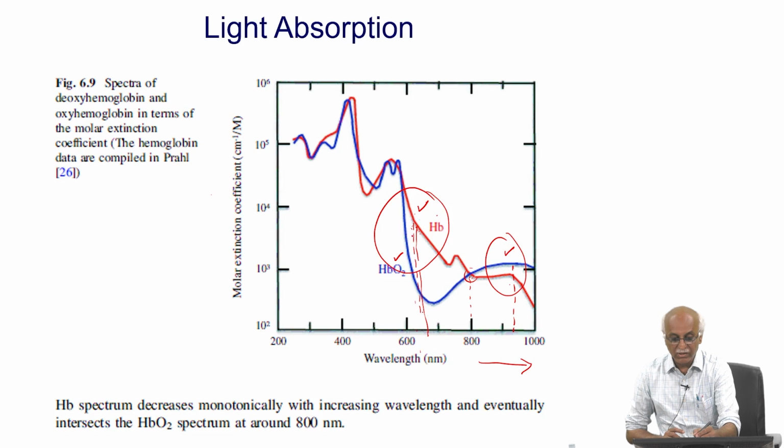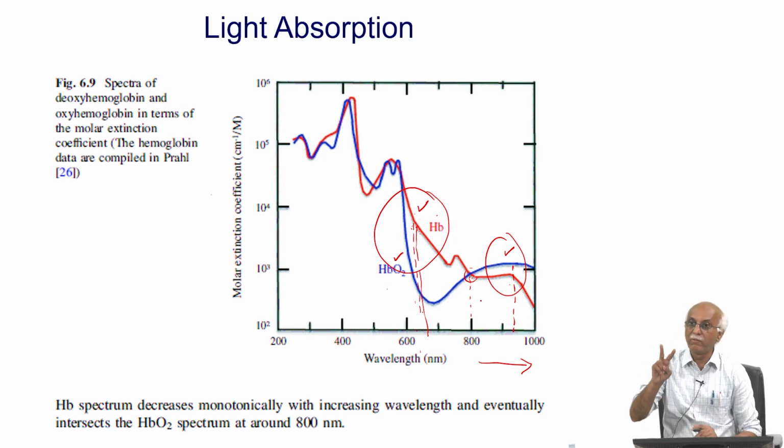So, the transmitted intensity of the light will depend upon the absorption coefficient of hemoglobin and oxyhemoglobin, is it not? And here it is the other way around. So, with two wavelengths I can derive both these concentration values.